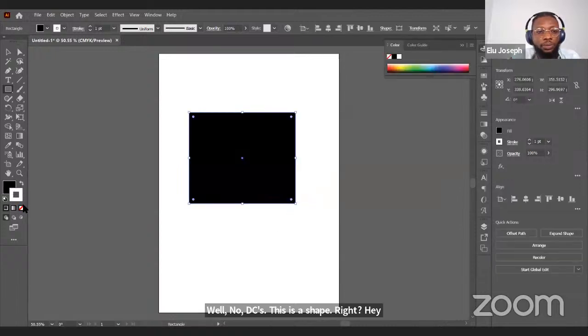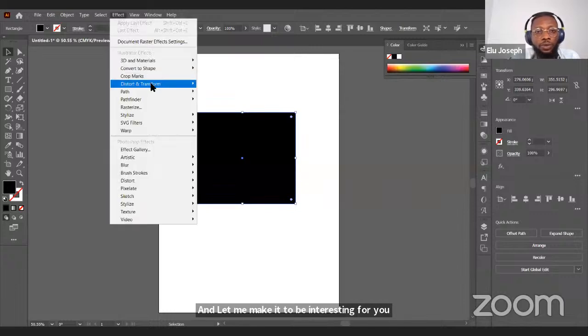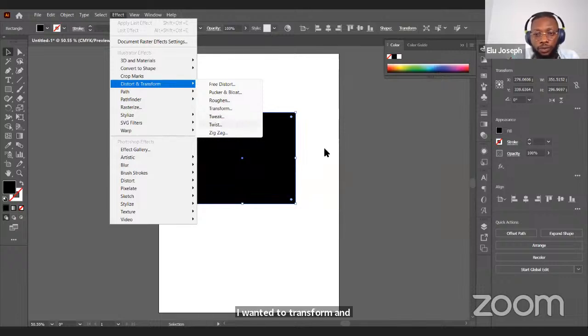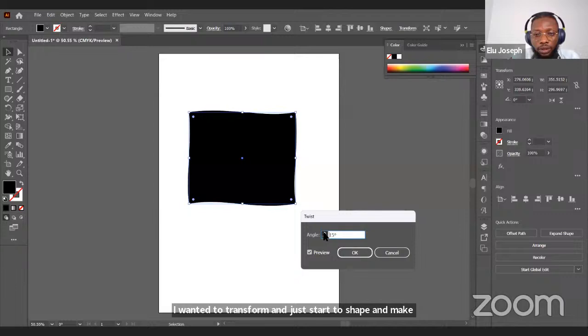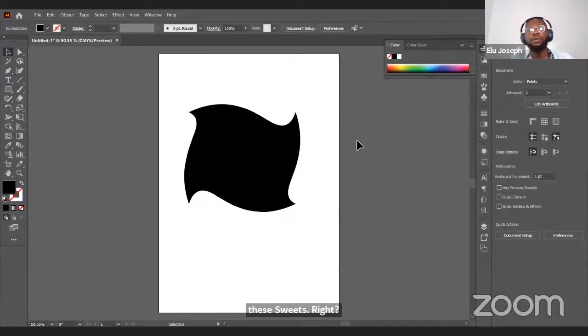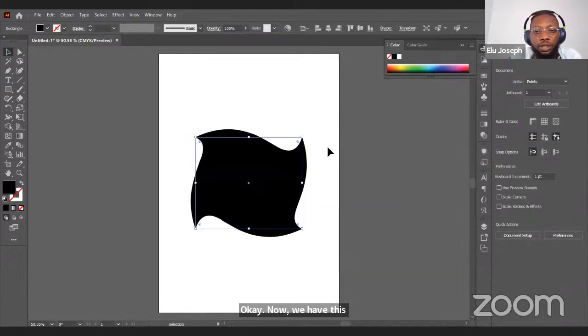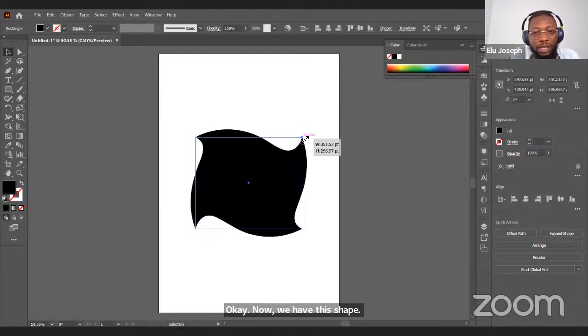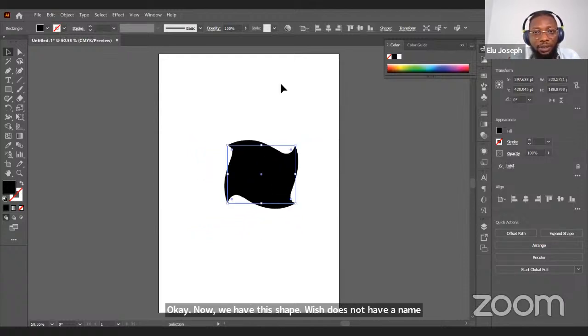A black shape. And let me make it a bit interesting for you. I want to transform and distort the shape and make it twist. Okay, now we have this shape, which does not have a name. What does that make it? An organic shape, right?